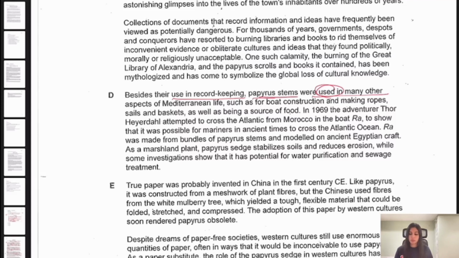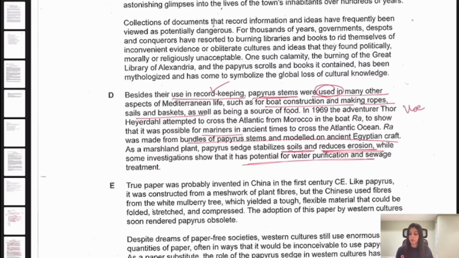One of the things they've mentioned is record keeping, and the other things are boat construction, ropes, sails, baskets, and then mariners used it in ancient times. Bundles of stems modeled craft as a marshland plant. It stabilizes soil, reduces erosion, while some investigation shows it helps in water purification as well.